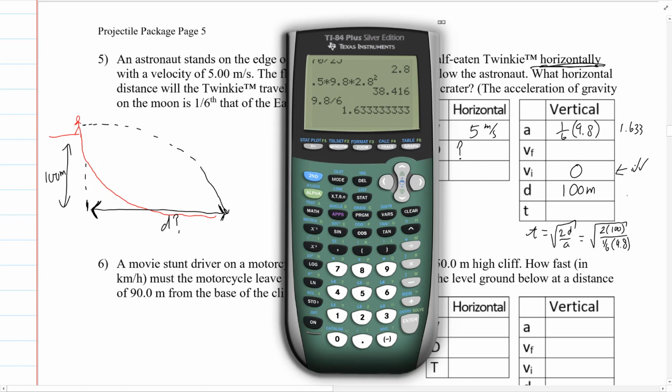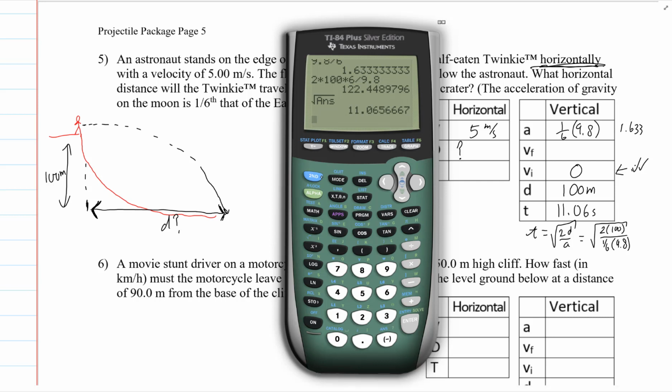Okay, so we just plug it into the calculator. That'll be 2 times 100 divided by 1/6 of 9.8. And then we have to square root it. So it'll take 11.06 seconds.